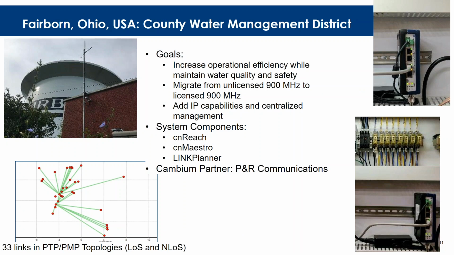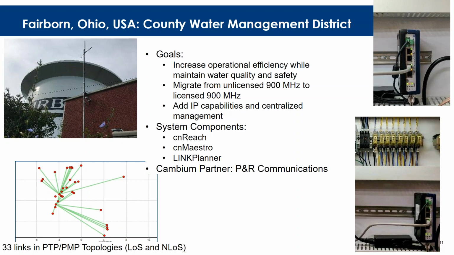Here's an example of a customer of ours that I'm not sure if they're on the webinar today or not, but appreciate their support. This is in Fairborn, Ohio. Our partner there is PNR Communications. They've done a great job of helping this customer migrate from unlicensed 900 megahertz to licensed 900 megahertz, giving them some additional capacity, some IP management capabilities, and overall improving the capacity of the network.